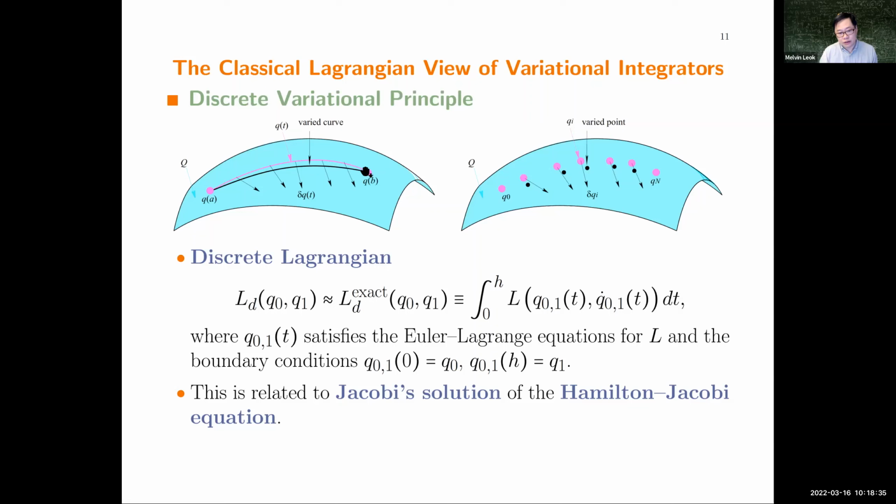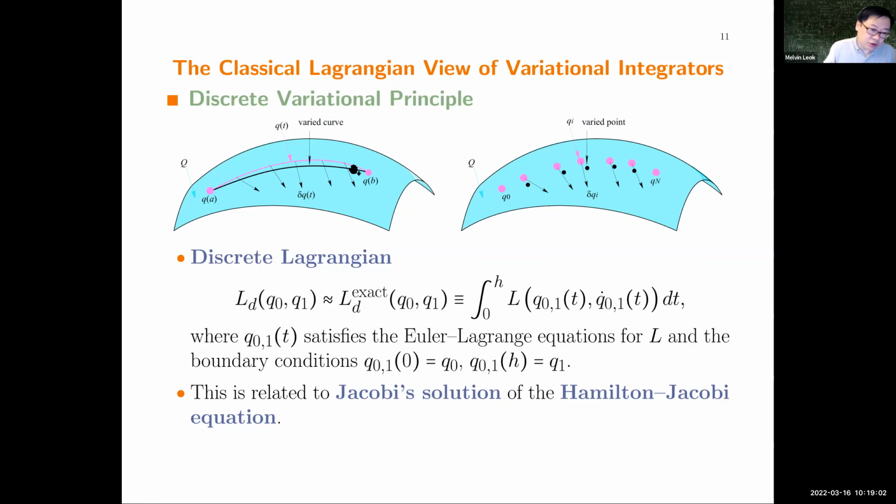The way you do this is by considering what's called Hamilton's principle, which is a coordinate independent way of describing the dynamics of a mechanical system. It's stated as follows: if you have an initial point and a final point, then the trajectory a mechanical system actually takes is that which extremizes the action integral, the integral of kinetic minus potential energy.